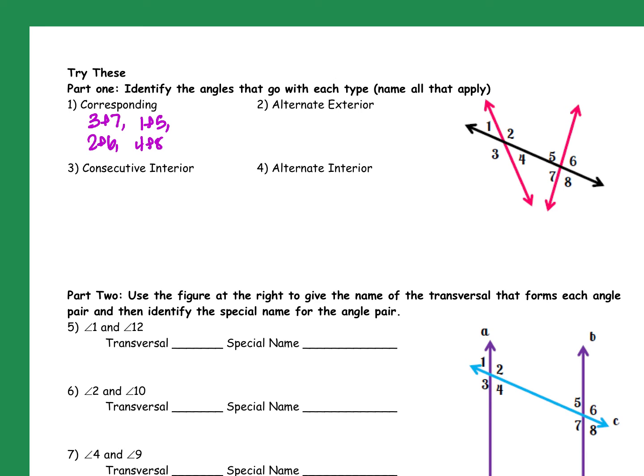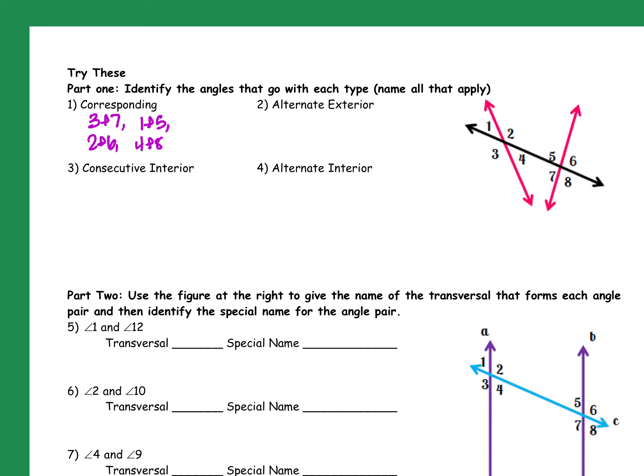Okay, what about alternate exterior? So opposite sides of the transversal on the outside of these lines. They aren't parallel lines, but they're on the outside of the lines, right? 2 and 5. 2 and 5 are on the inside, and they're on the same side of the transversal.